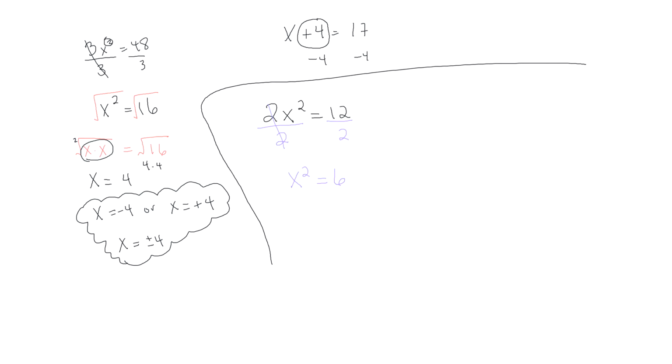Square root of x squared, square root of 6, is the square root of x times x. The x is now out, free. This is what it comes home to, plus or minus square root of 6. Nothing I can do with that. I don't have a same number to multiply by itself to give me 6. So this is the answer.